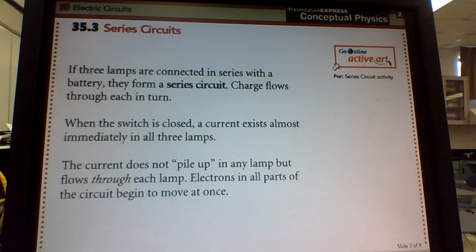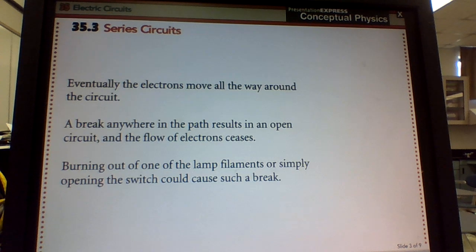Basically, as soon as that voltage is applied, it starts pushing those electrons. And when those electrons start pushing around inside of the wires, essentially the lights all light up. So current doesn't pile up in any lamp, but flows through each lamp, and electrons in all parts of the circuit begin to move at once.